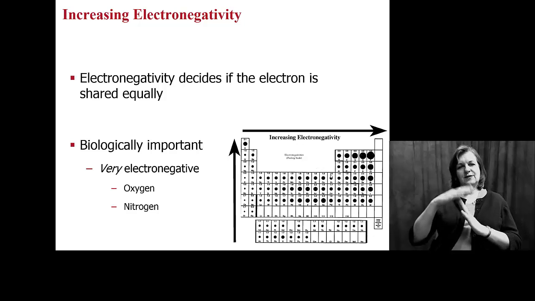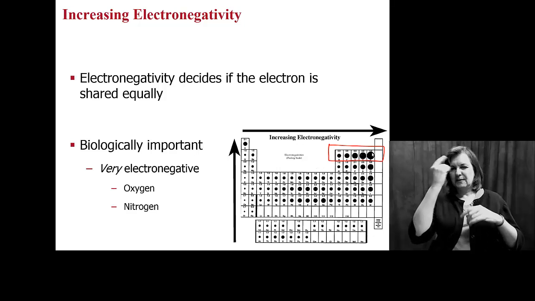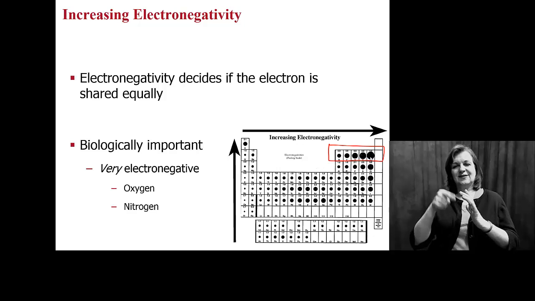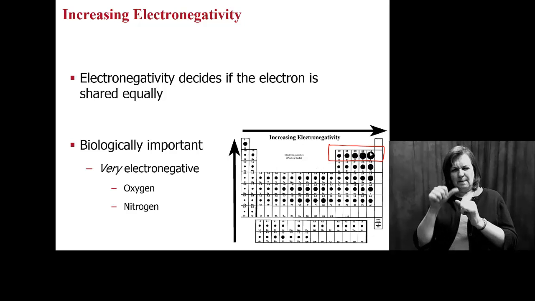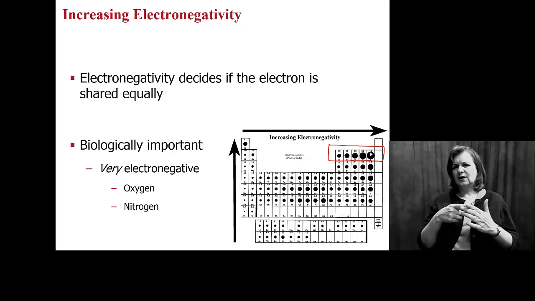And what we look at on our table is that these elements way up here at the top corner have these great big black dots associated with them. The bigger this spot, the more electronegative the atom is. So do you remember when we looked at our periodic table what those elements actually were in that top corner?